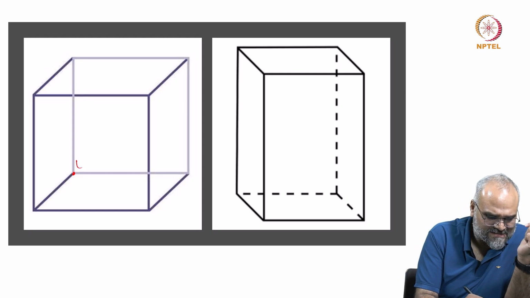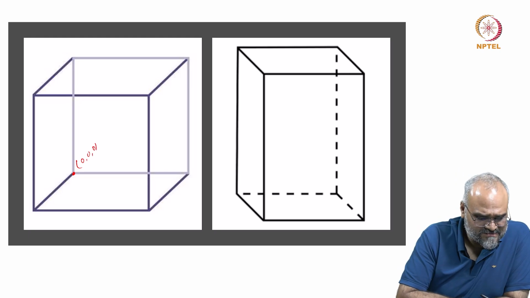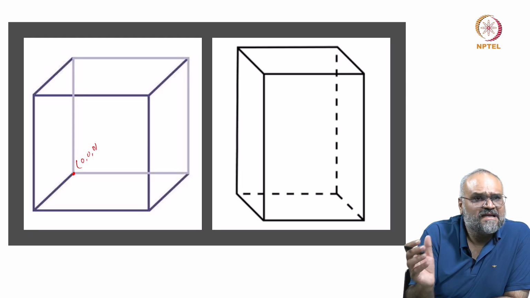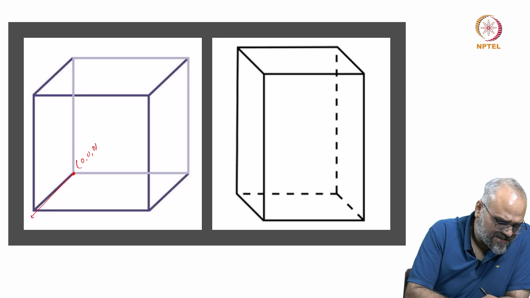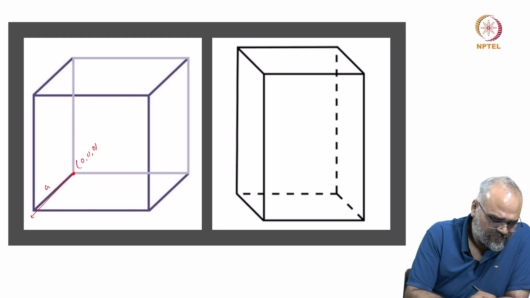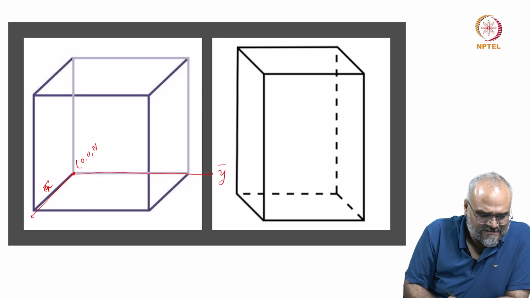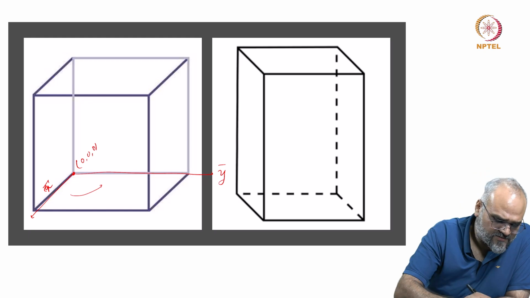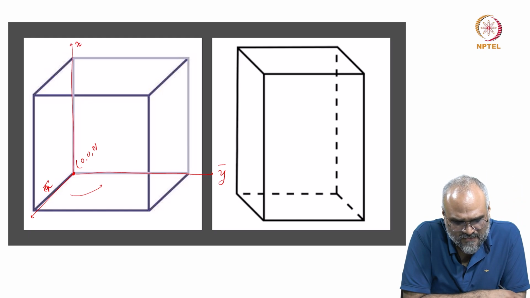If I define this as the origin, this is the common convention that we use to give Miller's indices. I use the right hand coordinate system, and if I say in this direction I have my x direction, and if here is my y direction, if I take a right hand coordinate system and I take a cross product, my z direction is here.